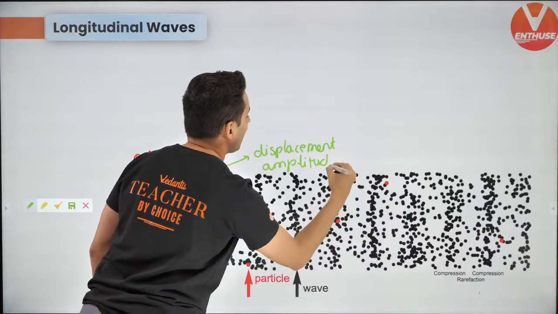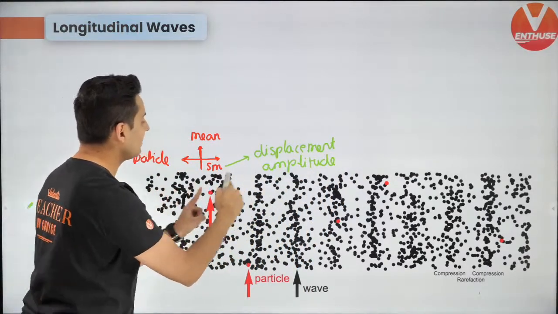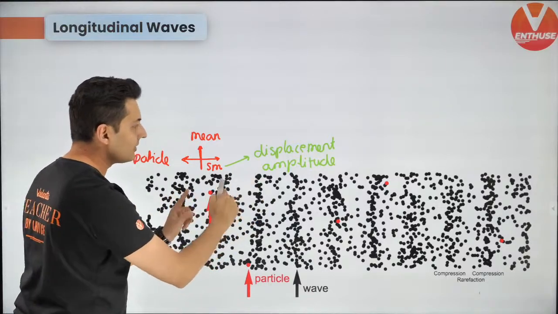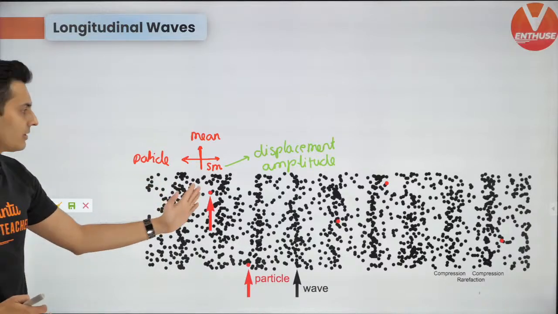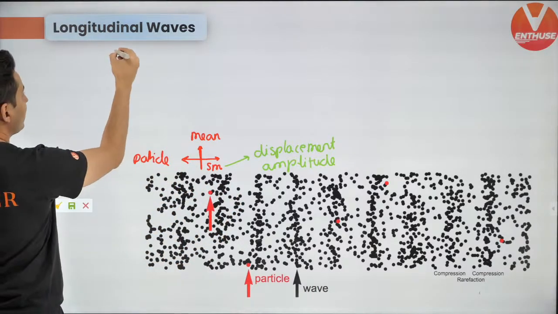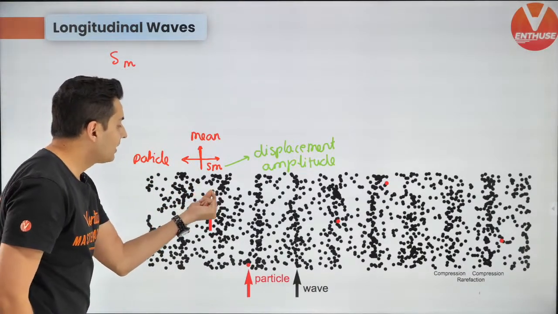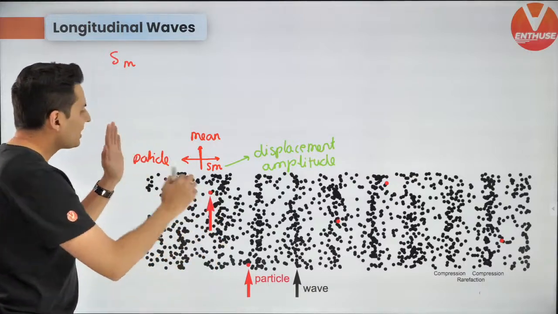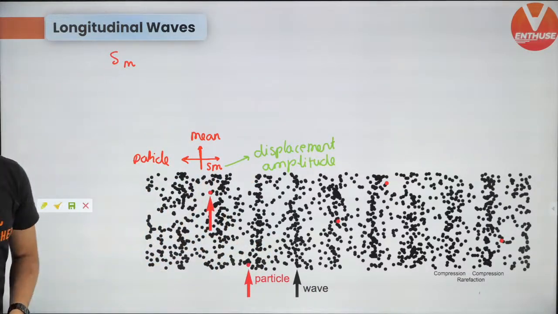Very important. How much does any particle move from its mean position? That is called the displacement amplitude. Keep this in mind. Very important term. And any particle's displacement amplitude will give you, in fact, the motion of that particle, just like SHM, guys, or just like a wave equation, nothing else.